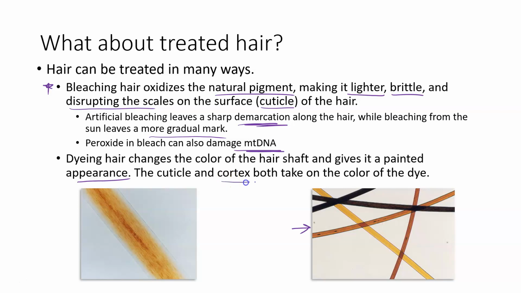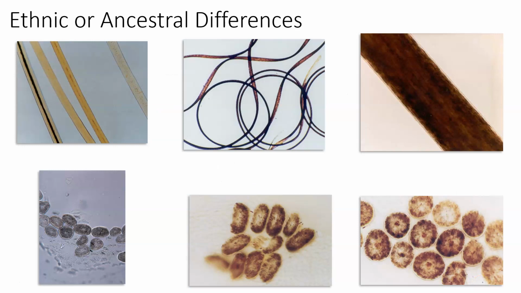So the cuticle and cortex both take on the color of the dye, because that's what the dye is being used for. It's being used to artificially color. So bleaching pulls color out, while dyeing puts color in, which is why you don't see this demarcation or these translucent borders on a dyed hair like you do on a bleached hair.